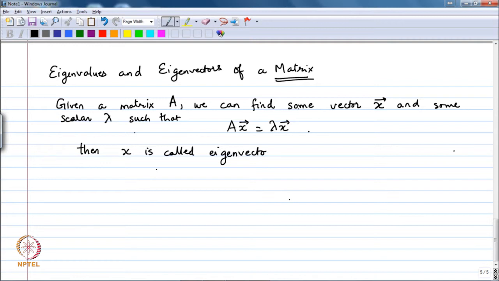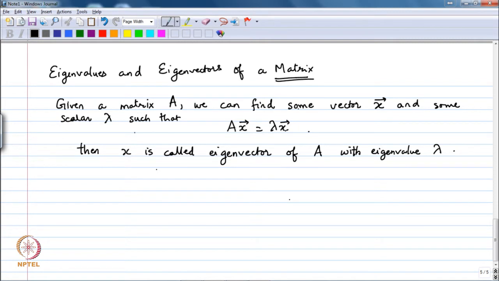Eigenvector of A with eigenvalue lambda. Okay. So this eigenvalue corresponds to this eigenvector and vice versa, this eigenvector corresponds to this eigenvalue.